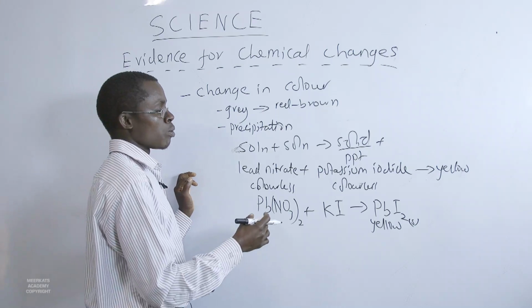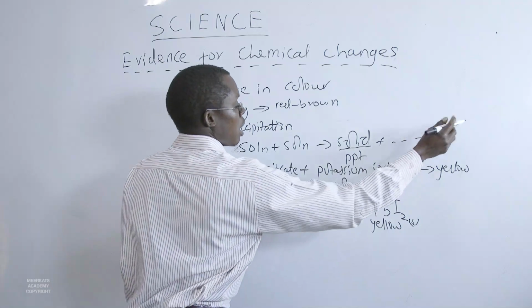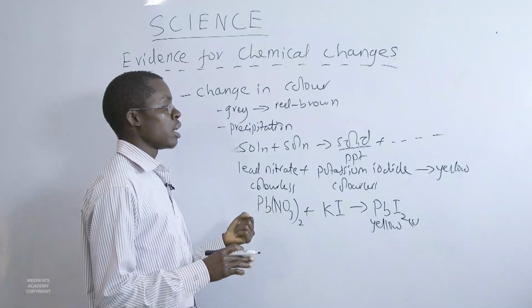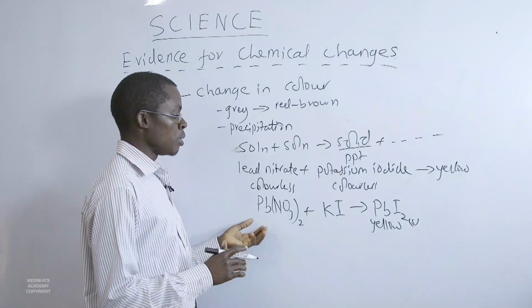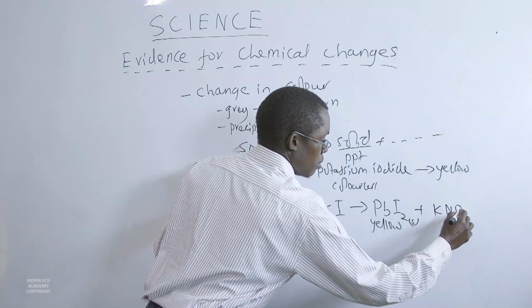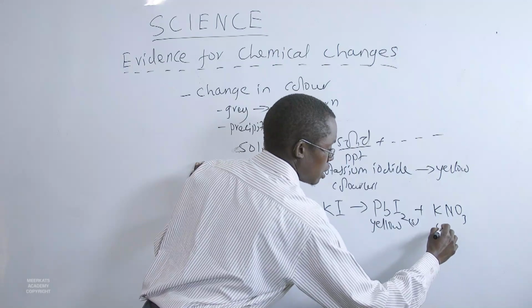The other product that will be formed, I said there are other things you can form there depending on which reagents you are using, and in our case here, the other product that will be formed will be potassium nitrate, which is colorless.